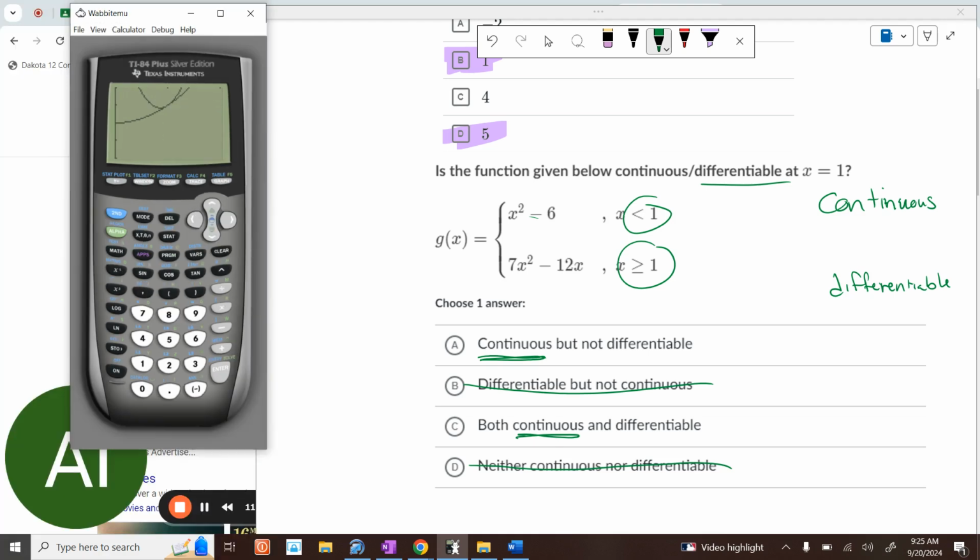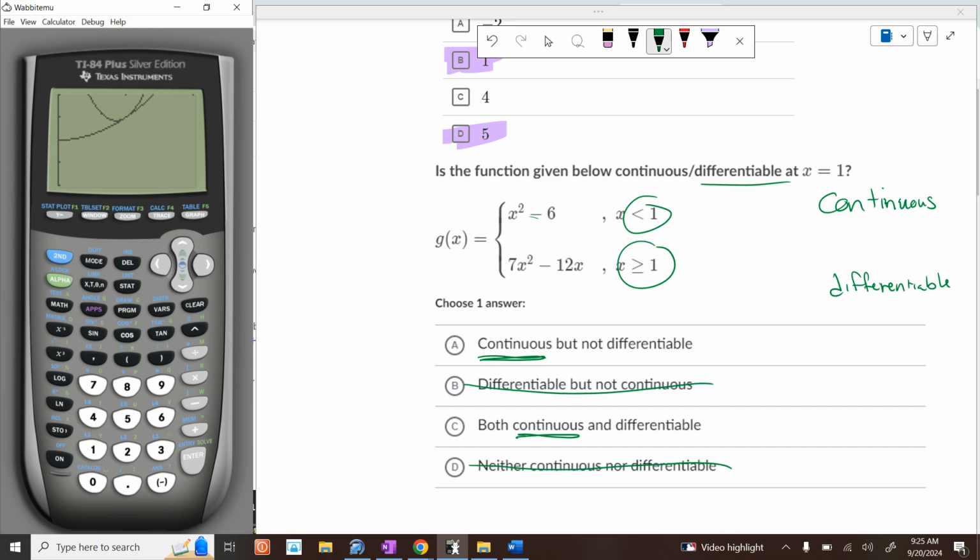Now, the graphing calculator is really nice because it'll find a derivative for you at a point. How does it do it? You go second, trace, and then dy/dx means take the derivative of y with respect to x. So it's number 6.